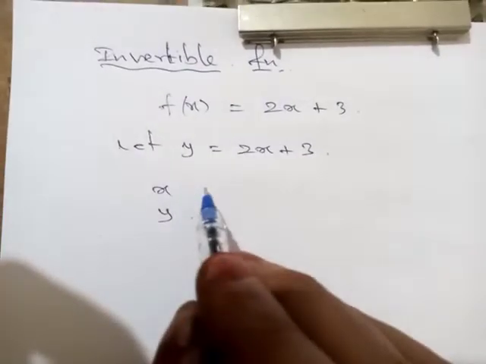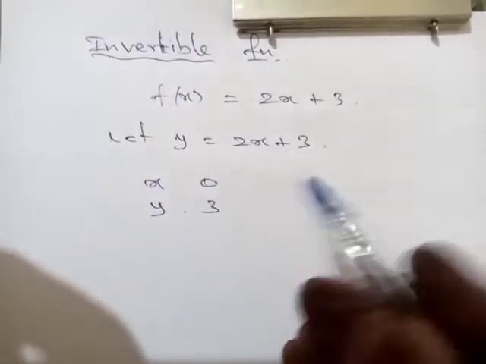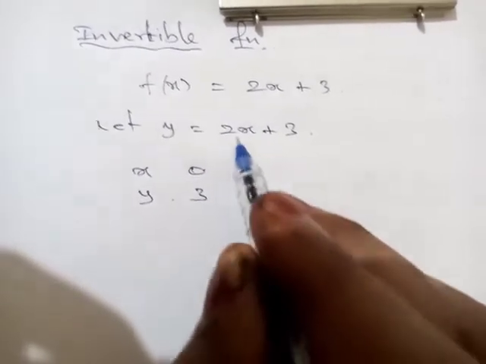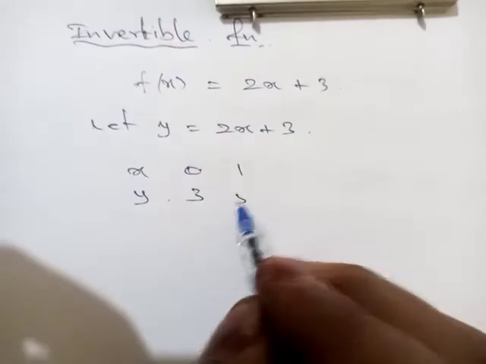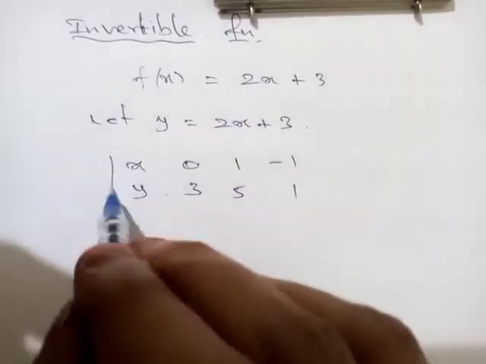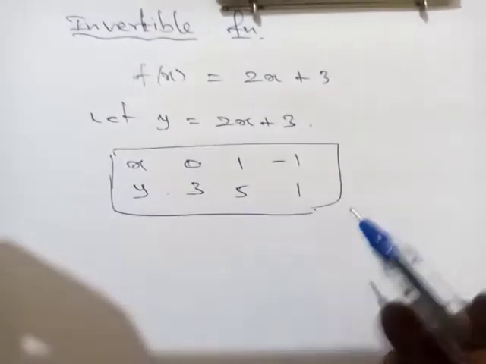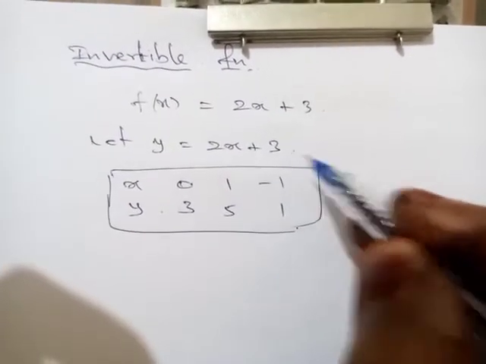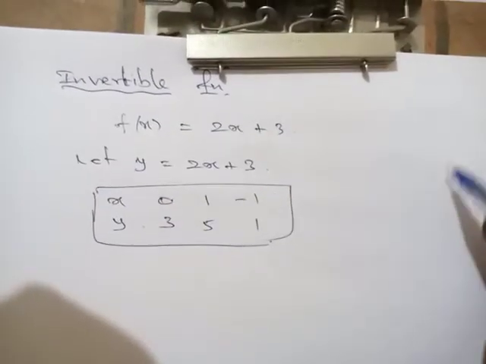For example, x value 0 means y value 3. x value 1 means 5. x value minus 1 means plus 1. So 3 points are enough to draw a line. This is a linear polynomial, so definitely it will be a straight line.